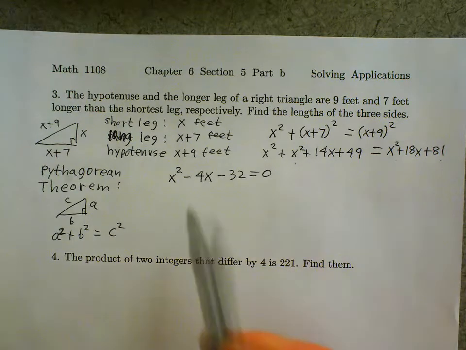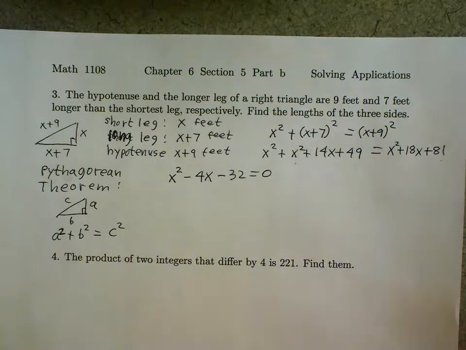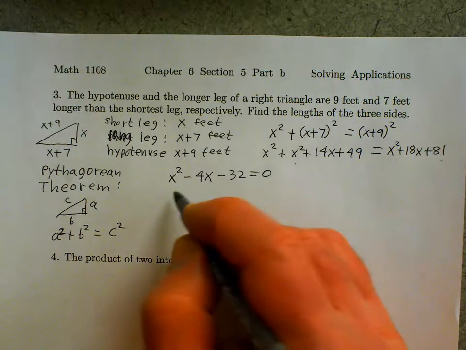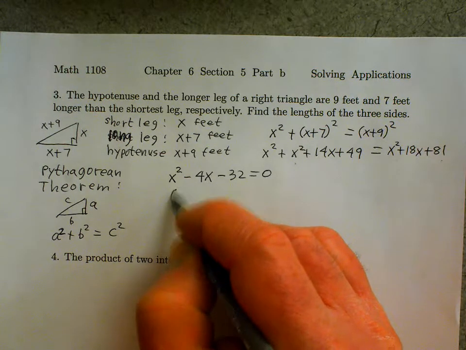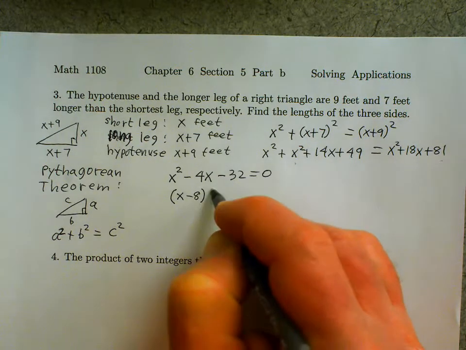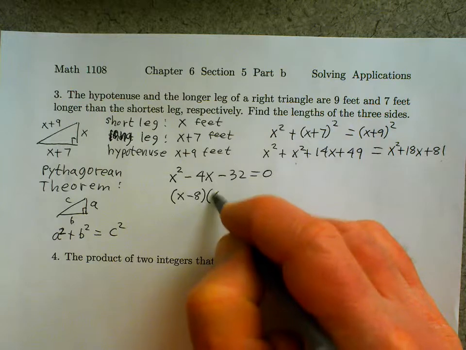Okay, so now we'll try to factor x squared minus 4x minus 32. Okay, it doesn't take too long to find the two factors. One factor is x minus 8, and the other factor is x plus 4.